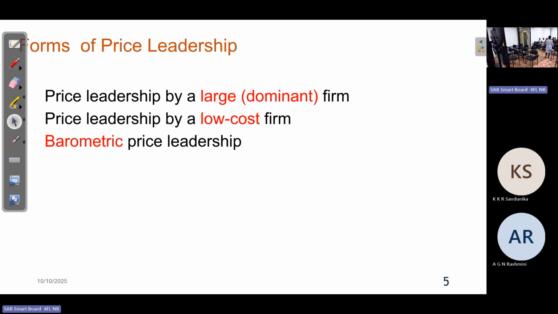Anything different that happens in the market, this firm can predict in advance, more accurately than the other firms. If that's the case, all other firms believe that in case of a market volatility, demand change or input cost change, this firm is better at forecasting it correctly, and thereby they will adjust their price correctly. So we will follow that firm.